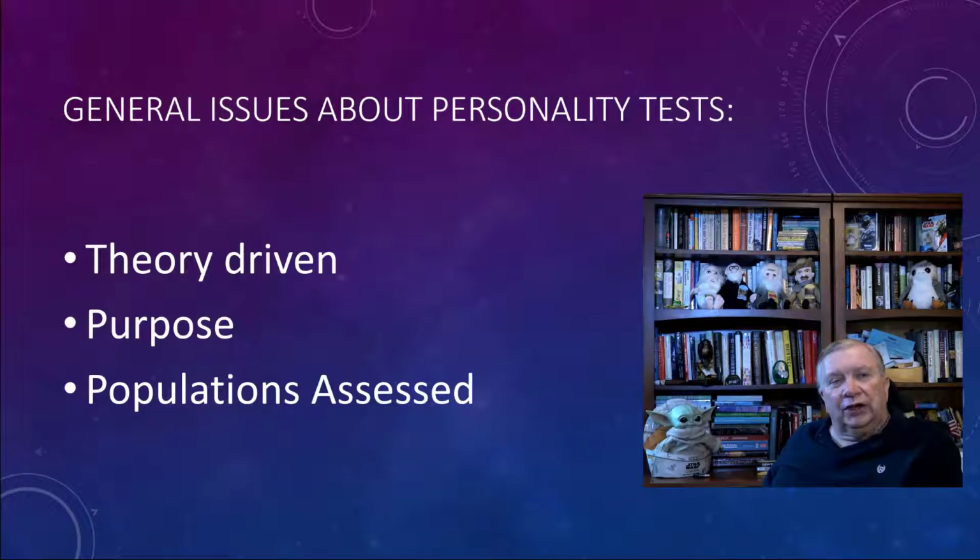Now, the most widely used of all personality tests, at least it's got personality in the name of it, is the Minnesota Multiphasic Personality Inventory. And this is a test that's used for clinical purposes, and it has a massive number of keyed scales to measure all kinds of different psychopathologies, as well as a whole series of scales to make sure you aren't lying or faking or doing something else to distort the test results.